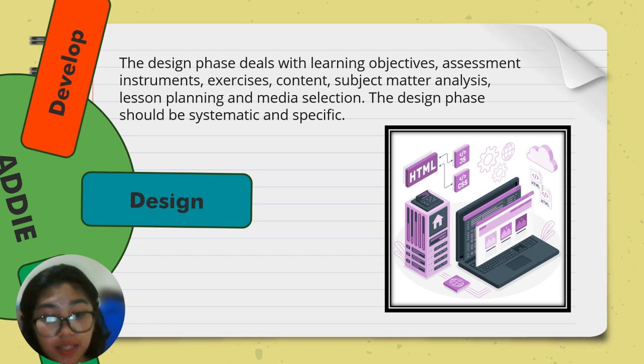In the design phase, specific means that each of the steps or elements should be executed with proper attention to the detailed steps. Below is the list of steps that will be involved in the design phase.